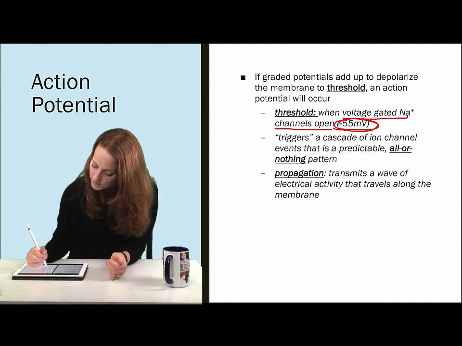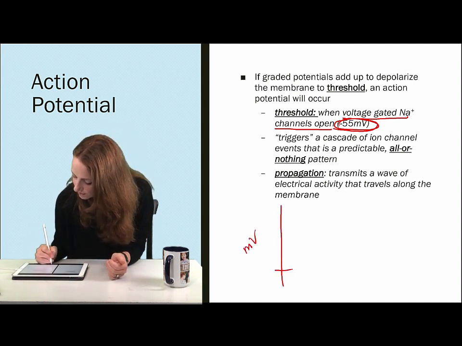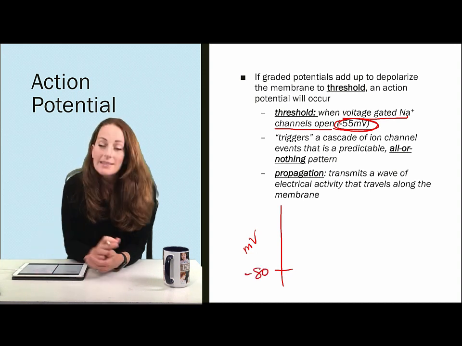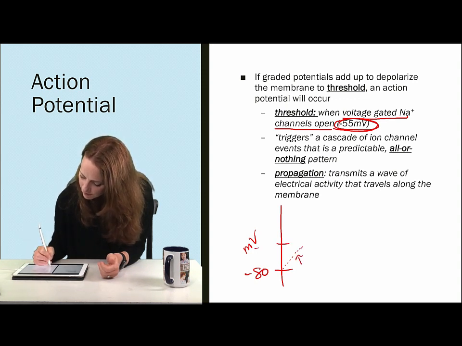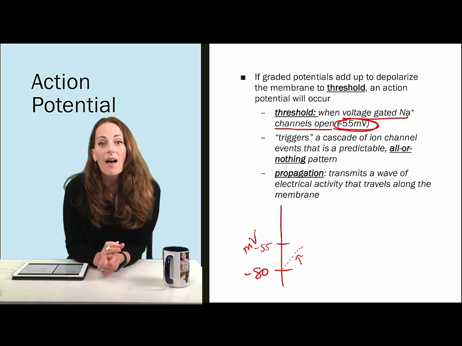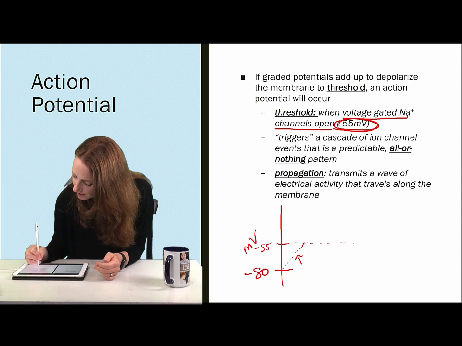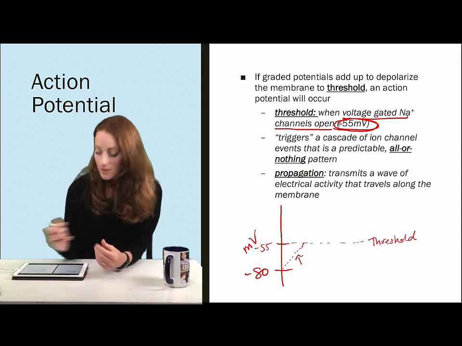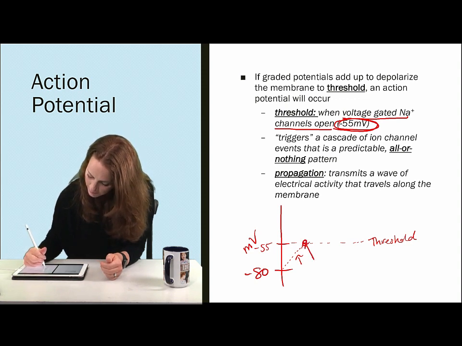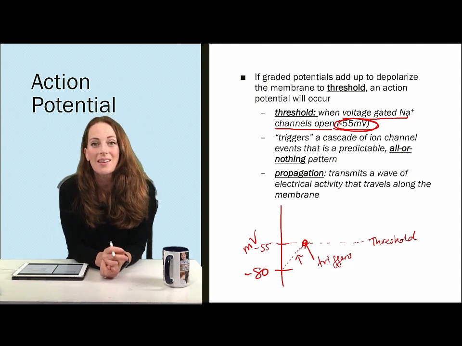So let's take a look. If we're looking at our membrane potential and the neuron starts at rest at minus 80, you would have a certain number of graded potentials adding up to get to a value of minus 55. If you get enough graded potentials to add up to minus 55, then you've hit threshold, and that triggers the voltage-gated sodium channels.